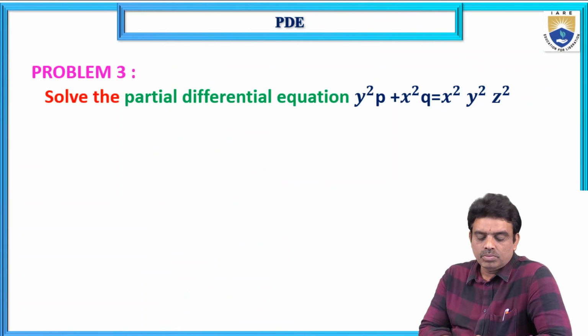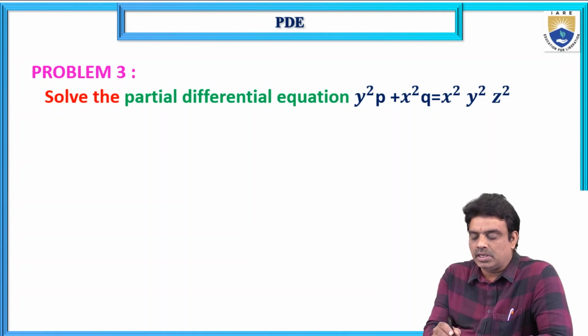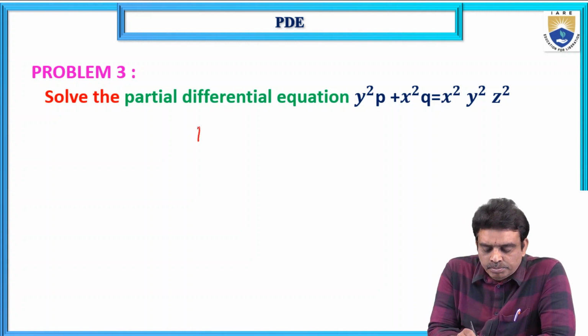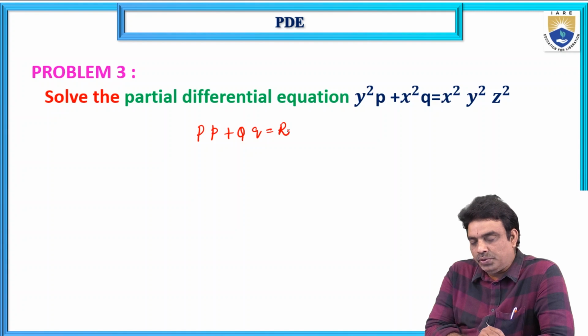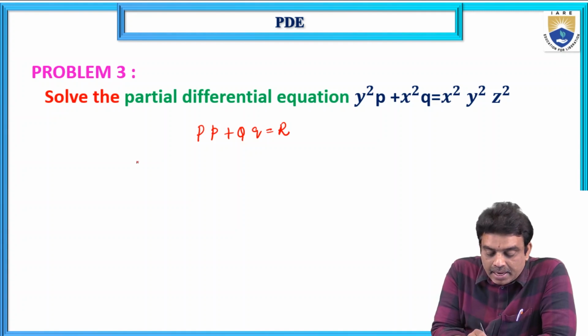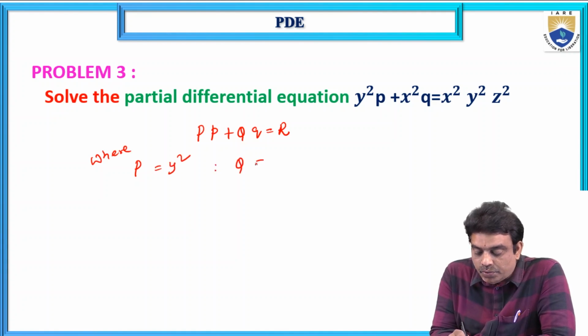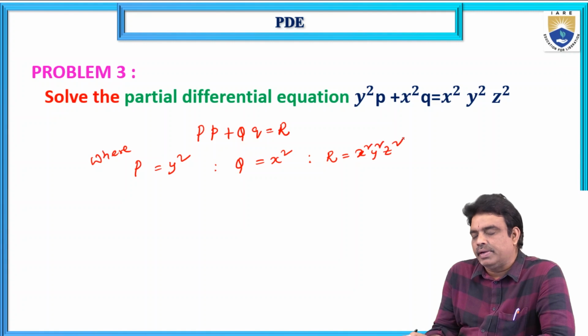Here also, solve the partial differential equation. It is also in the form Pp plus Qq is equal to R, where P is equal to, what is P? y square, and Q is equal to x square, and R is equal to x square y square z square.